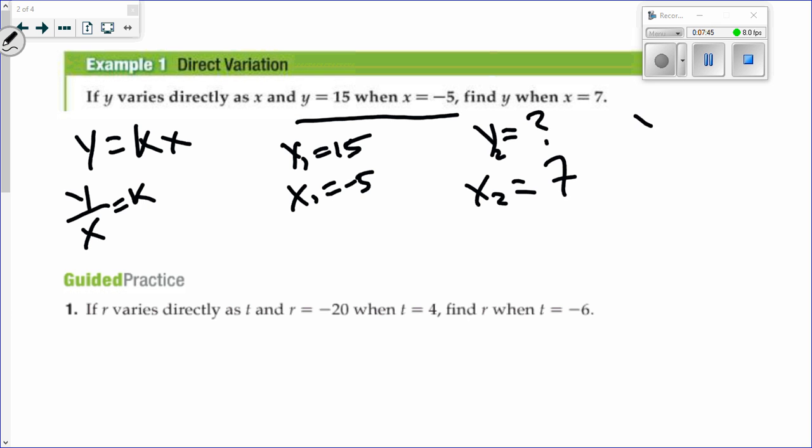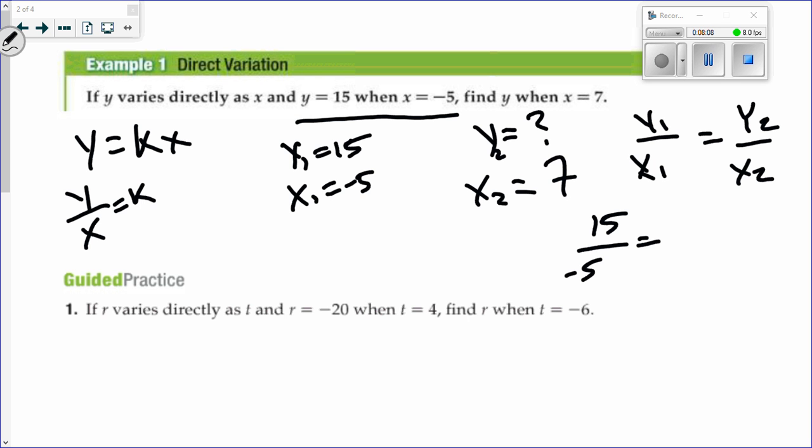Thus, y1 over x1 must be equal to the constant, and y2 over x2 must be equal to the constant. So these must be equal. We can set up an equation now. Let's substitute in our values. Y1 we said was 15 over x1 negative 5 equals y2, what we are looking for, over x2, which is 7.